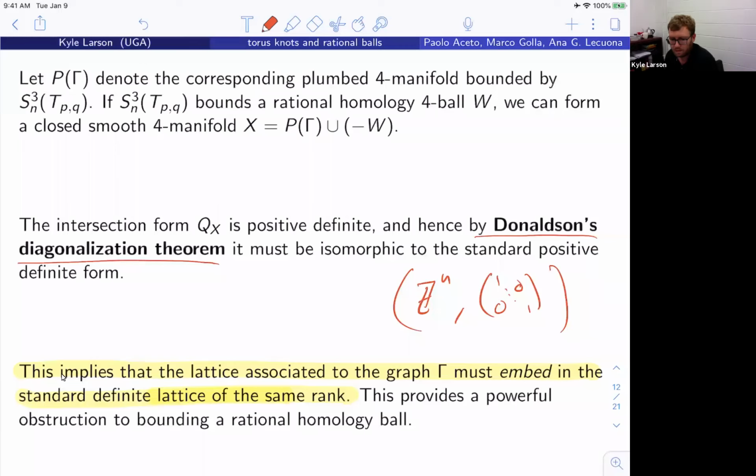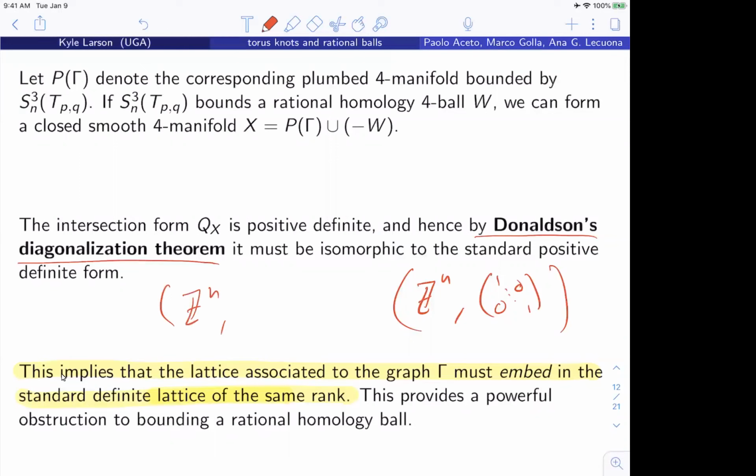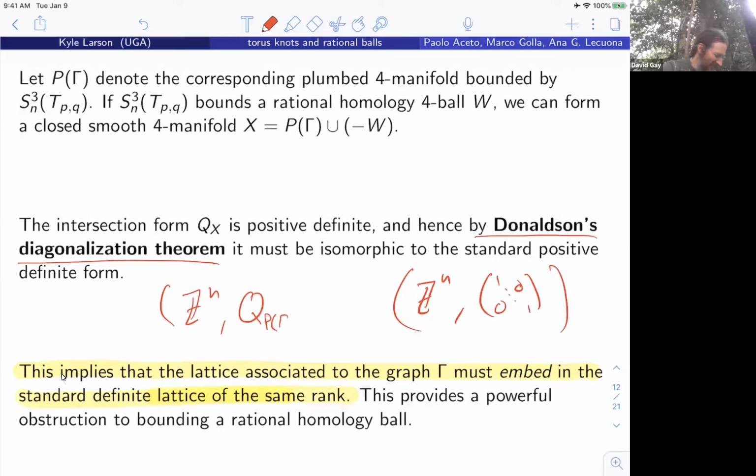And then embedding literally means finding some collection of vectors in there whose Euclidean dot products give the intersection form I have. Is it a smaller-dimensional lattice, or not necessarily? Okay, it has the same rank. Same rank, yes. Not lower dimensional. Of course.